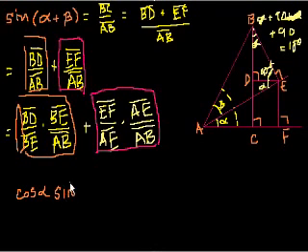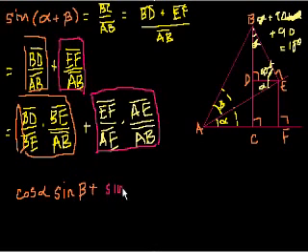And now let me switch to magenta. What's EF over AE? If we look at this right triangle right here, it's opposite over hypotenuse for alpha, right? So it's sine of alpha.